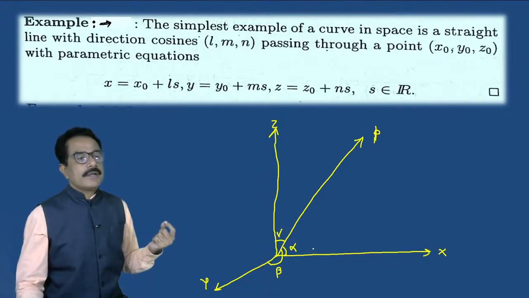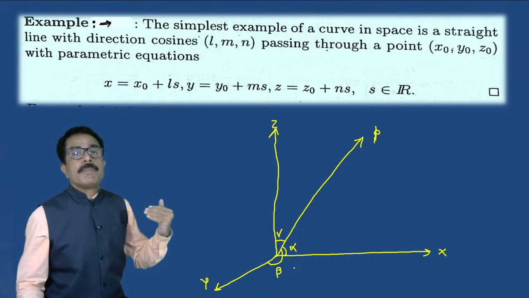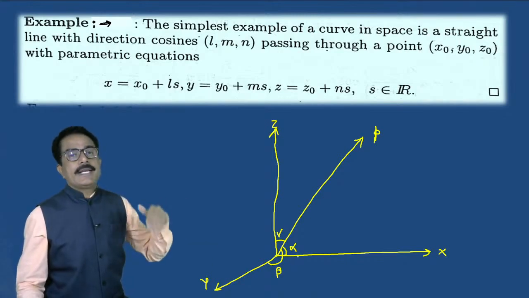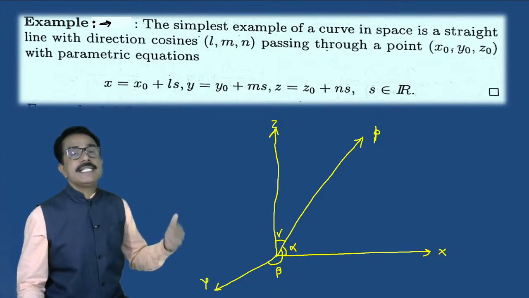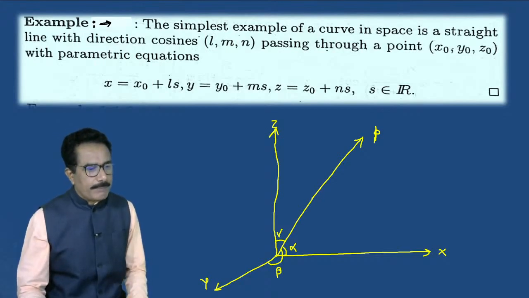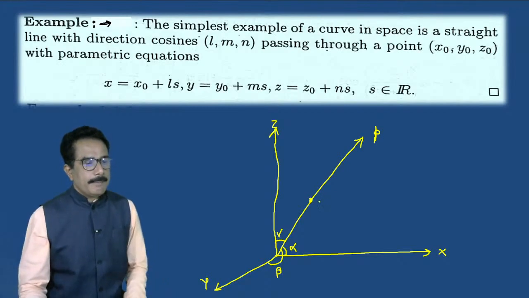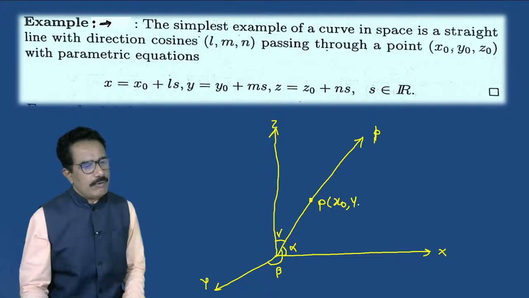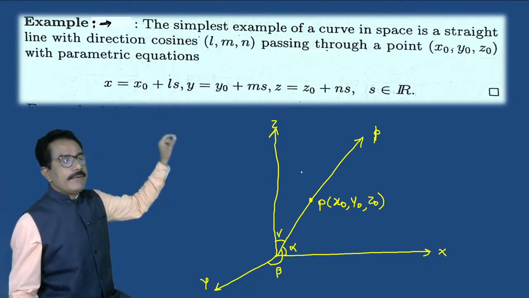Then cos alpha is equal to l, cos beta is equal to m, and cos gamma is equal to n. These are the direction cosines of a line which is passing through the point. Suppose that point is considered as P. Suppose this is a fixed point which is denoted by x0, y0, z0. Then we can write the equation of a curve.